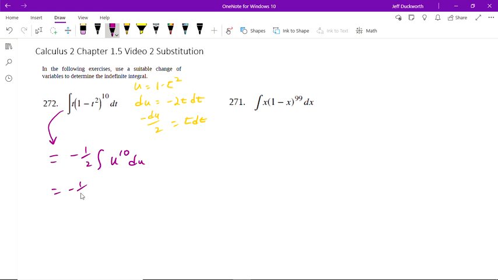So that's u to the 10 plus 1, or 11, over 10 plus 1, which is 11. I can now distribute that, so this is going to be negative u to the 11th power over 22.